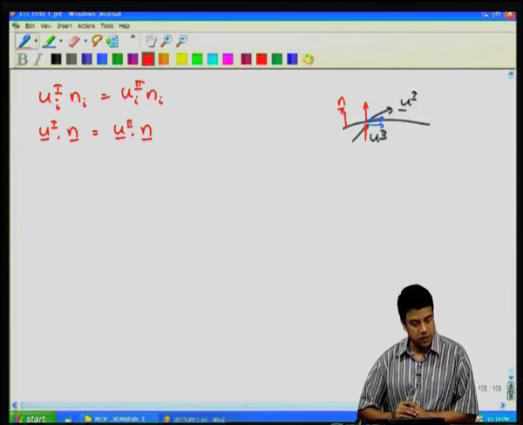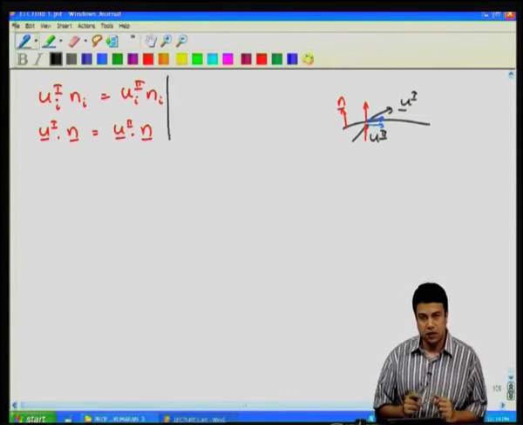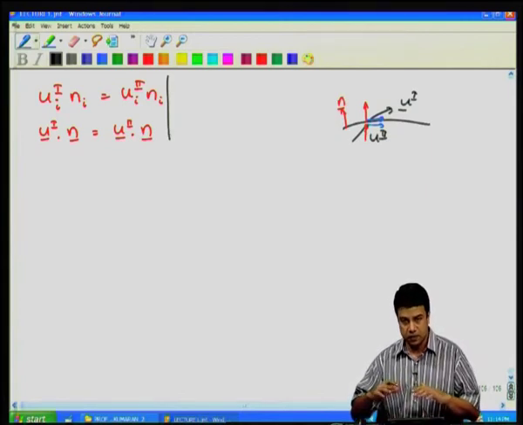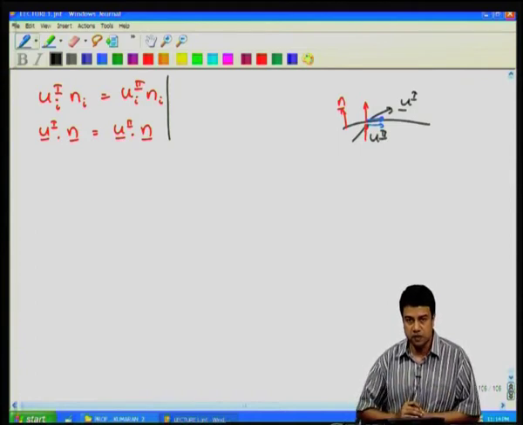That is one thing. The second is that the tangential components also have to be equal. How do we write down the tangential components? Tangential component is perpendicular to the normal. It is in the plane perpendicular to the normal. It can be in any direction in that plane perpendicular to the normal.